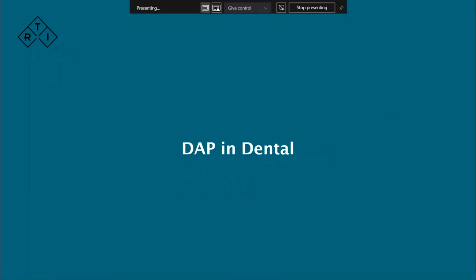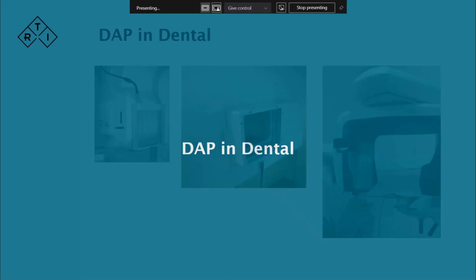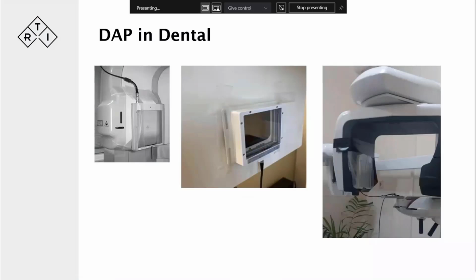We also can look at dental, which is becoming more and more interesting when they're looking at the quality assessment for dental machines. It's becoming a standard now to measure the DAP as a part of the QA procedure of panoramic and CBCT dental machines.